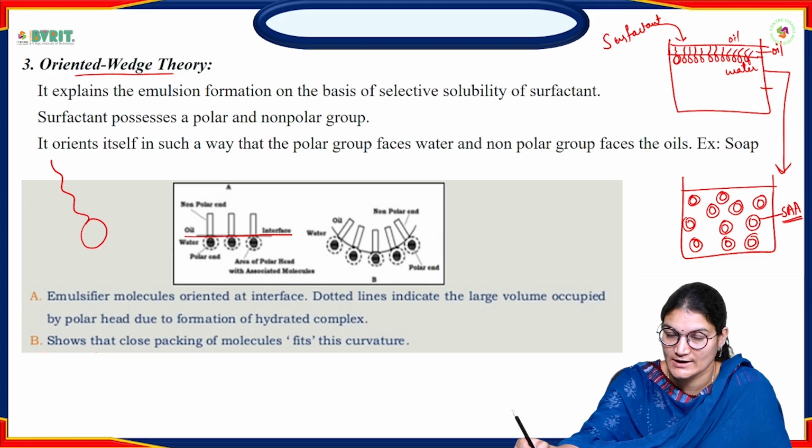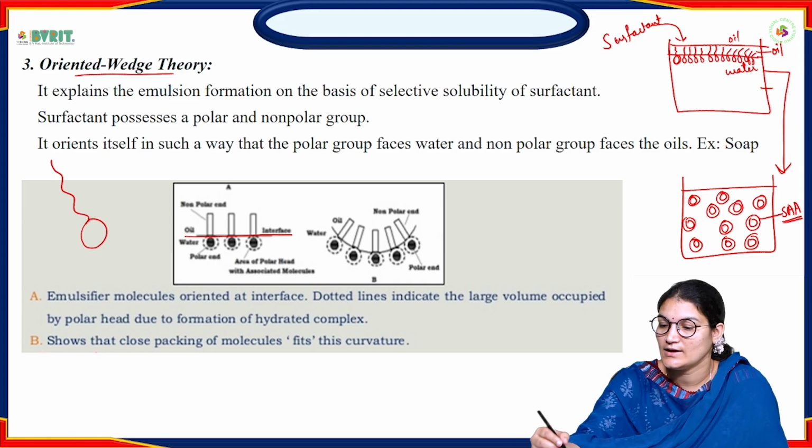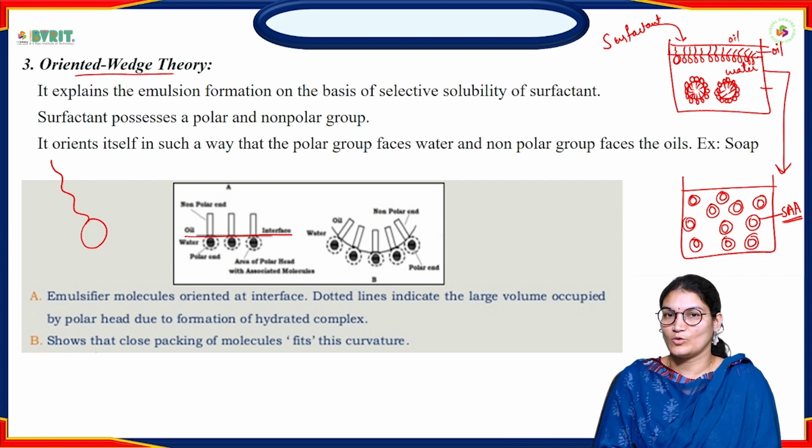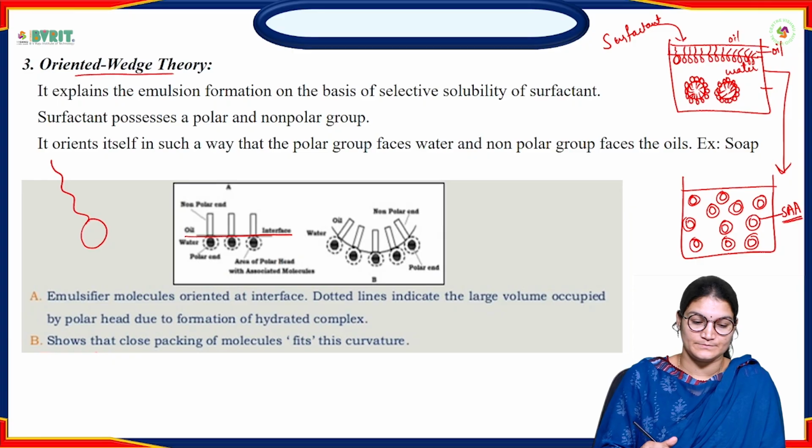If I stir it continuously, then oil globules are formed and you can see the heads surrounding this globule, which contains the tails inside. Same at each globule. So the surfactant covers this oil phase and makes it stable for a longer period of time.